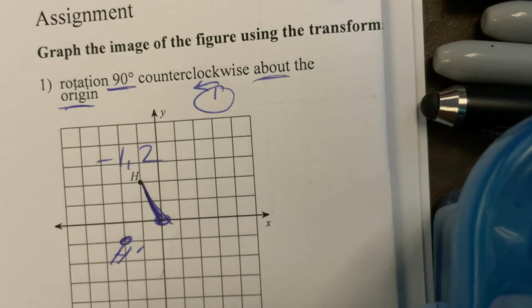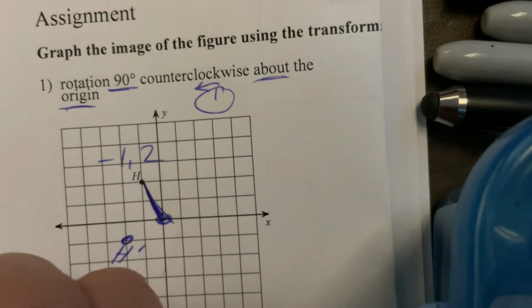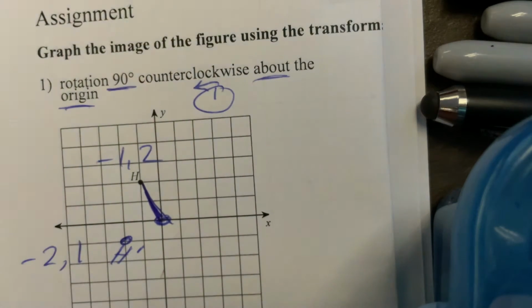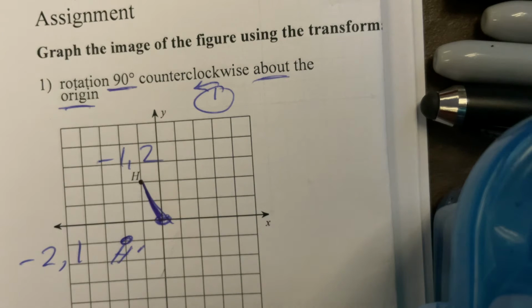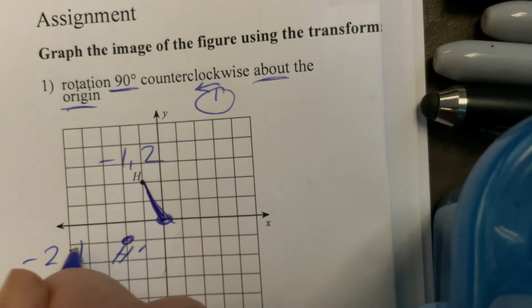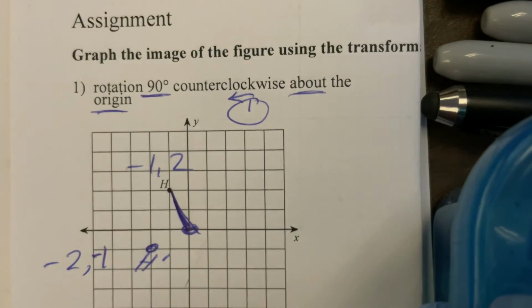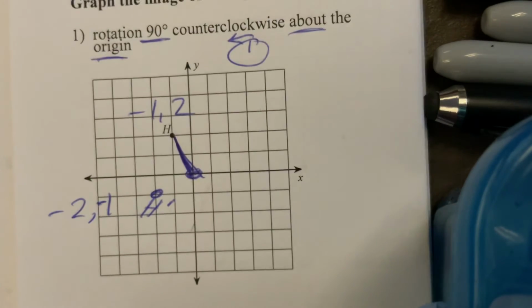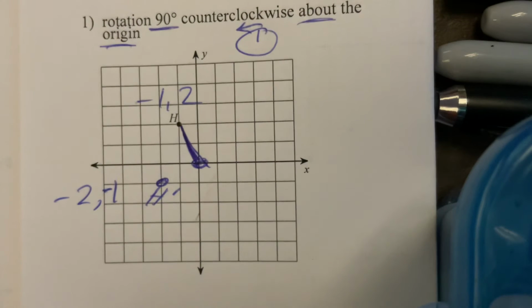The coordinate for my H prime was (-2, -1), my bad. What do you notice about the coordinates? They're opposite. Are they the same numbers? Yeah, they just switched places. Okay, so they switched places.